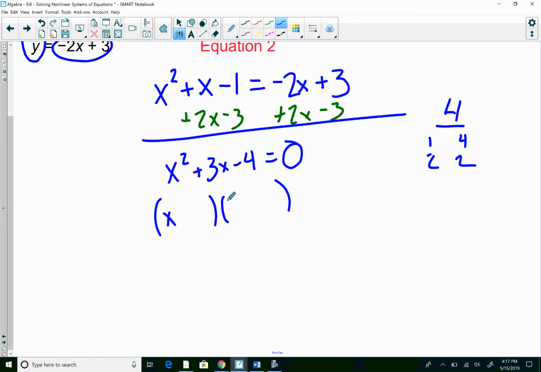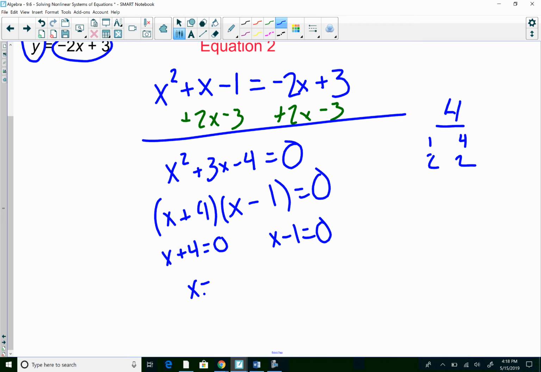I'm looking at this 4, so I'm thinking it's got to be 4 and 1. Then I look at the signs, so that's got to be positive, that's got to be negative. Now I'm going to set x plus 4 equal to 0 and x minus 1 equal to 0, and solve. Here I've got x equals negative 4, and here I've got x equals 1. And I'm good to go.